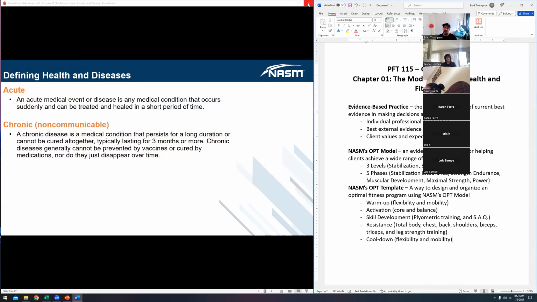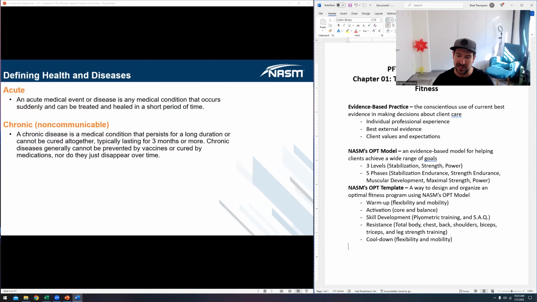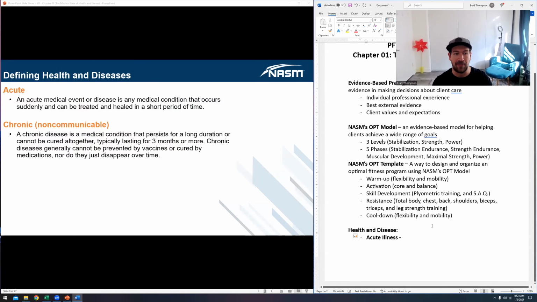So, quickly defining health and disease. One of the terms that you are going to hear when it comes to health and disease, 2 major definitions here. One is going to be acute. Acute illness is something that generally happens in a short-term period, right?